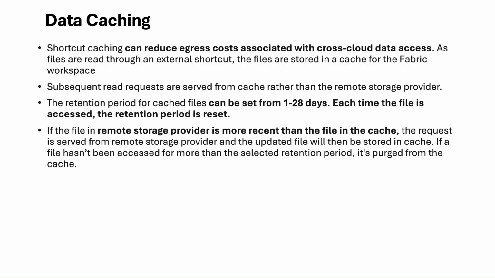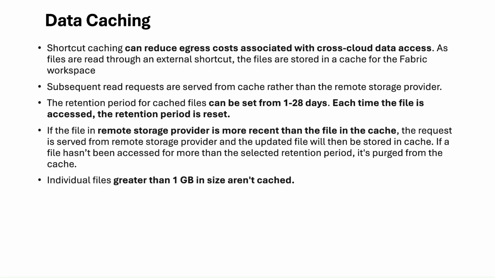And if the file in the storage provider is more recent than the file in the cache, it will check the metadata basically, and then it decides whether that cache data needs to be updated or not. Otherwise, it will use the data from the cache only.